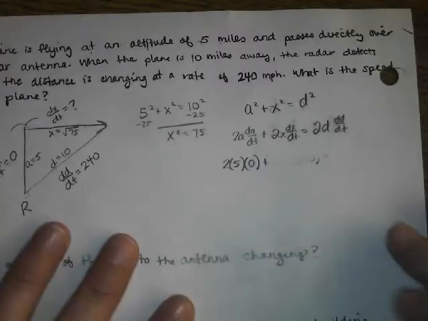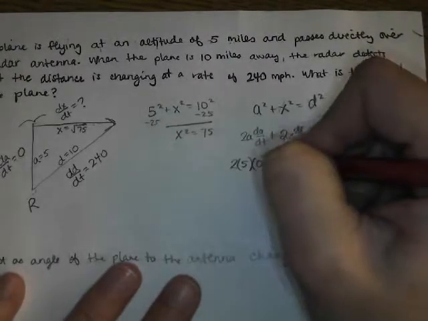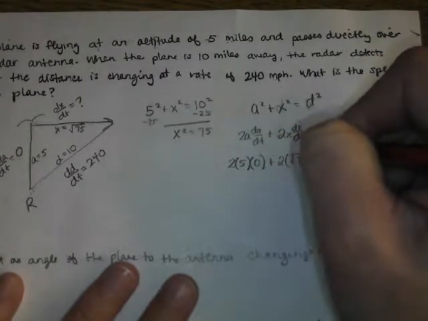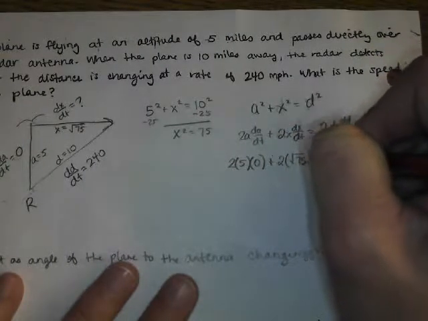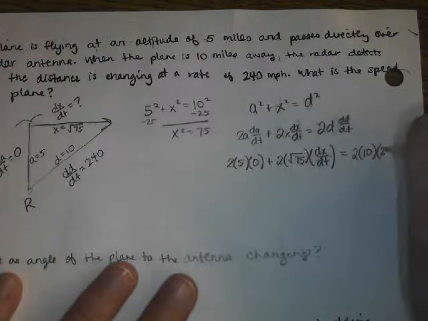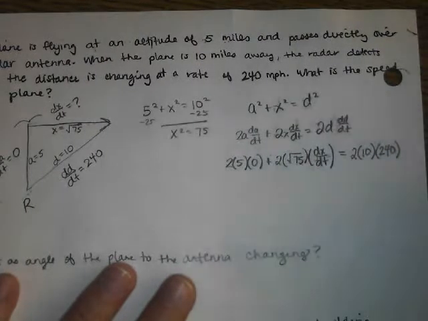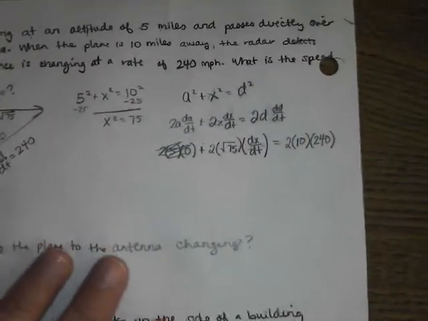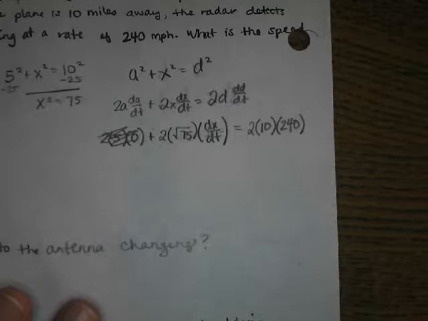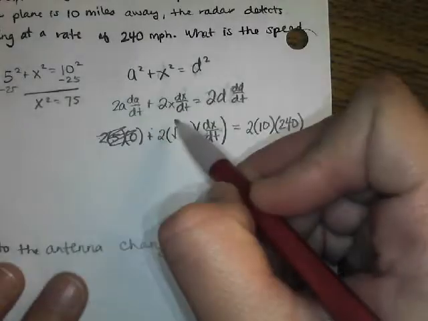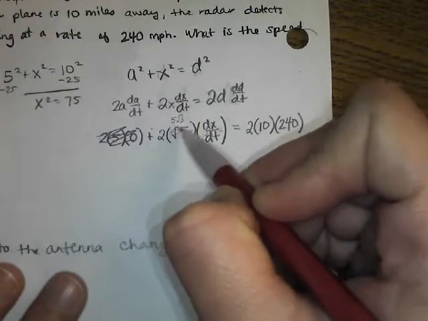We're back. 2x is root 75. dx dt is what we're looking for. 2d is 10 and dd dt is 240. So the 0 cancels all that out, which is nice. Root 75 is the same thing as what? 5 root 3. So I can make that 10 root 3, yes? So I can divide both sides by 10 root 3.